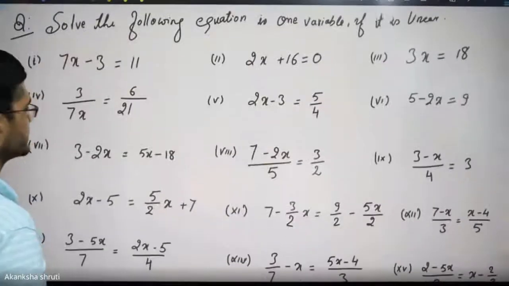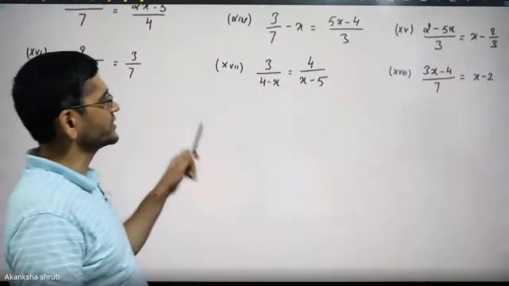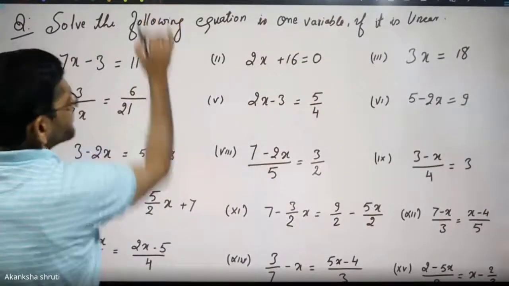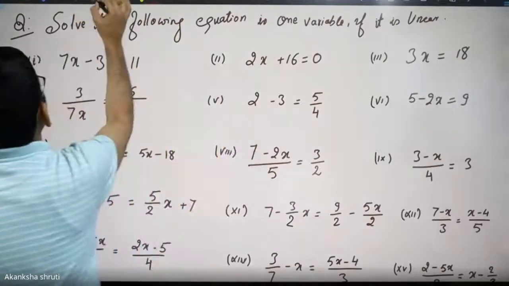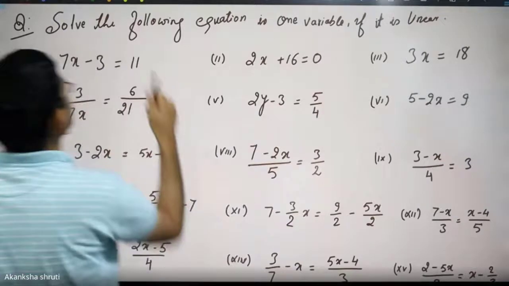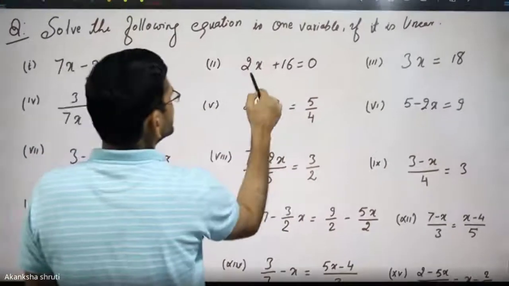By this way, we can understand each kind of question. So these are the various questions that we have written. Here we have denoted all of this in the form of x. It may be possible that some of them are given in terms of y also. That doesn't make any difference. In some places, there may be z also.